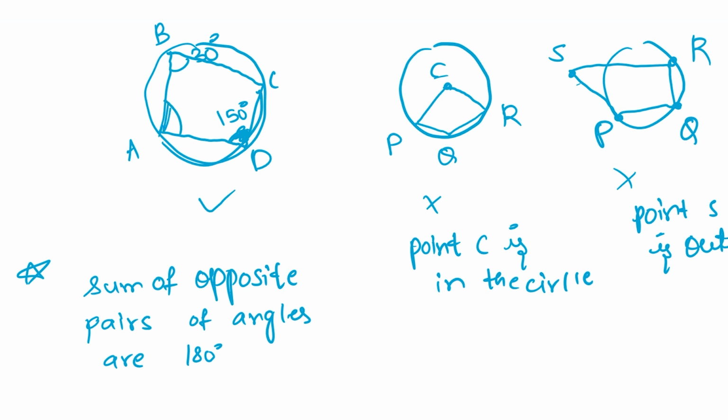So B and D are opposite pairs. What else is an opposite pair? A and C. Let's say A is 15 degrees. What will be the angle C? 165. 165 degrees.